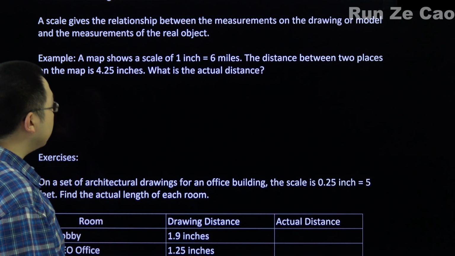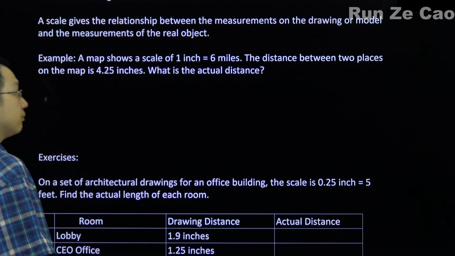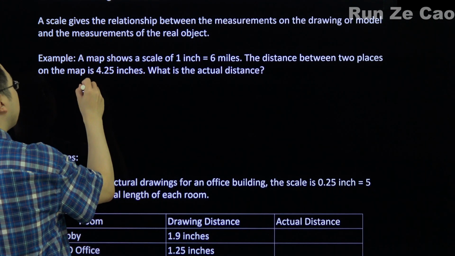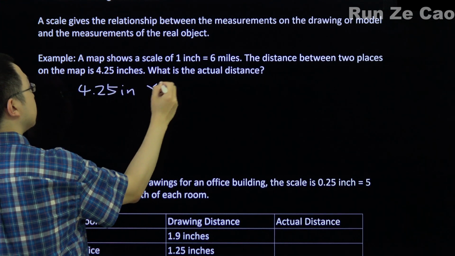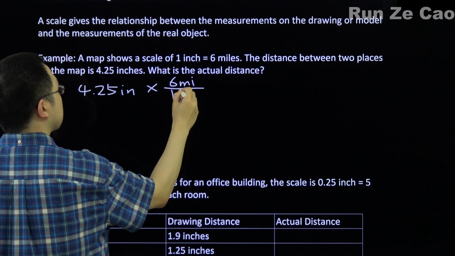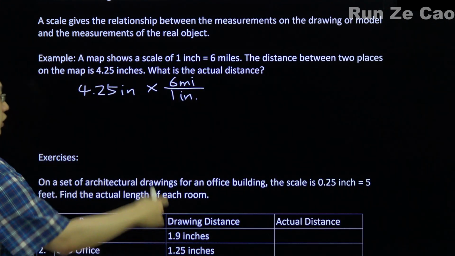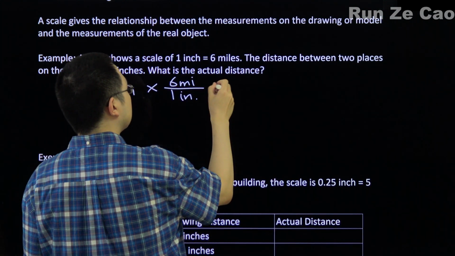So 6 miles is equal to 1 inch on this map. You have 4.25 inches times 6 miles per 1 inch, because you're converting from the map to the actual distance.